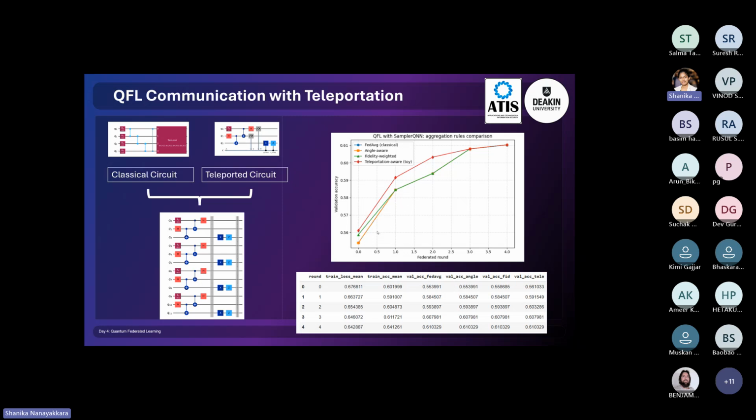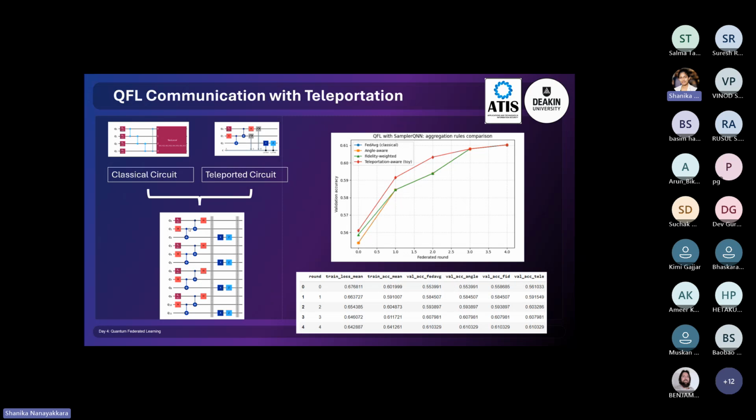So when we share these between the clients in the communication, we can do the teleportations. Here you can see the classical circuit and also the teleported circuit. This is just for you to see, I know you already know all these things. This is just a sample of the teleported circuit.